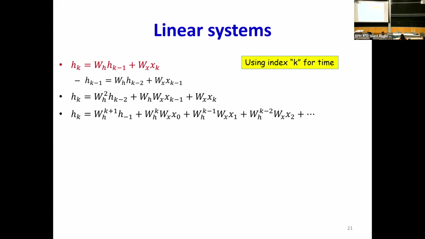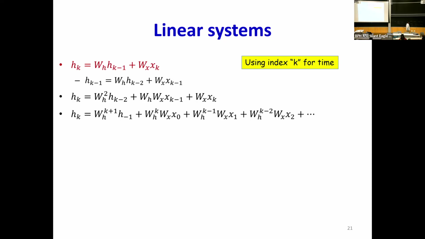This is just a convolution with infinite weights, except that the convolutional weights have a specific structure. If you look at the sum of the exponent of W_h and the index of X itself, those two always sum to K. So the hidden value at time K can be written like so.